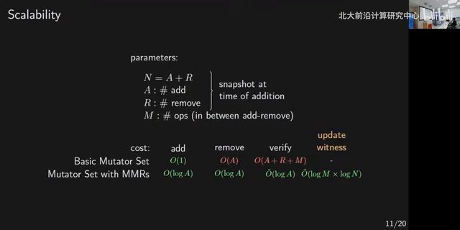We can improve on the 2 bad metrics at the expense of making the addition slightly more expensive and introducing another column. So whenever you own a UTXO, now you are responsible for updating the witness that attests to membership in the mutator set.